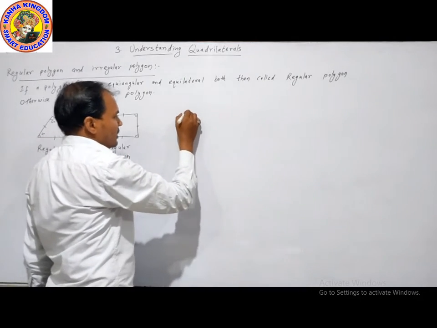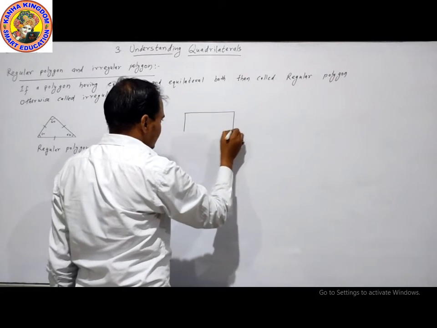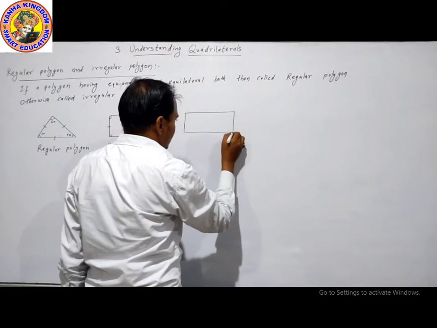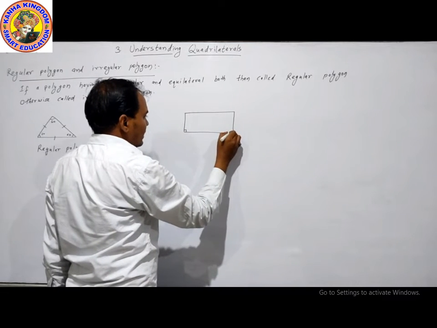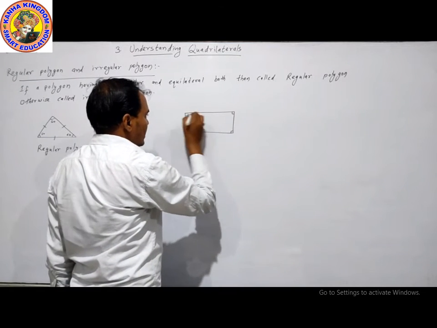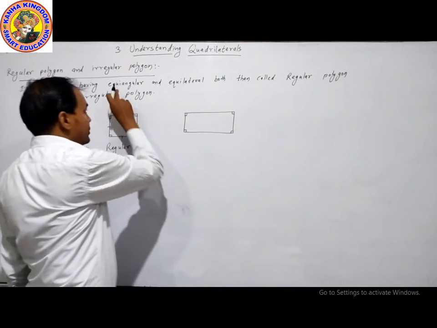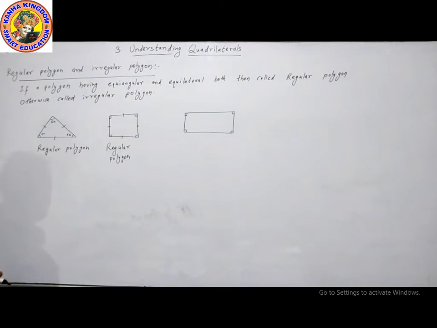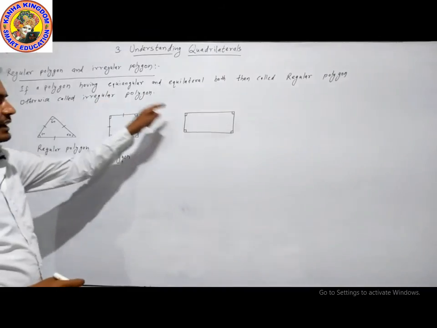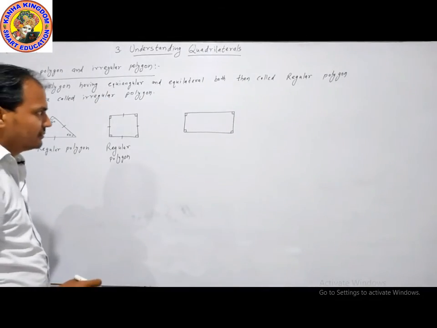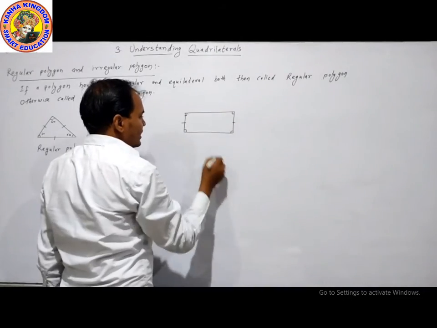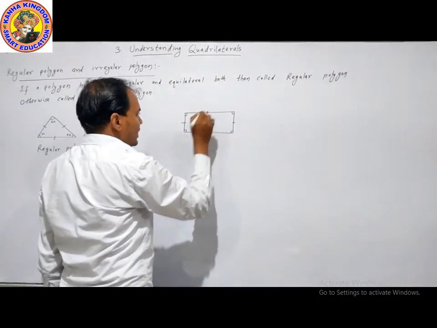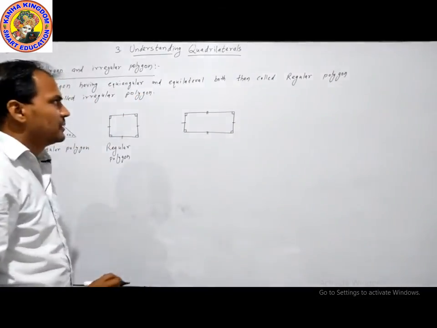This is our rectangle. A rectangle has four angles, all of them 90 degrees. So this is equiangular, all angles are equal. Then this side and this side are equal, this and this side are equal.